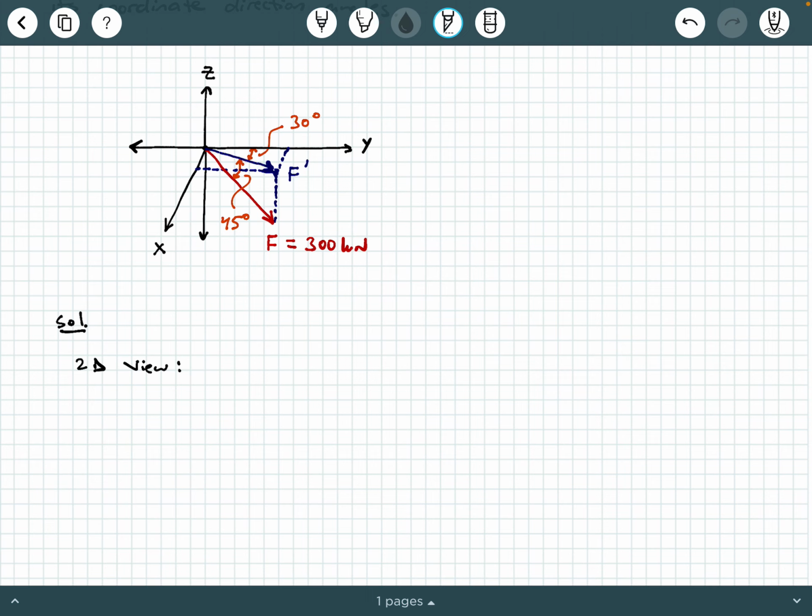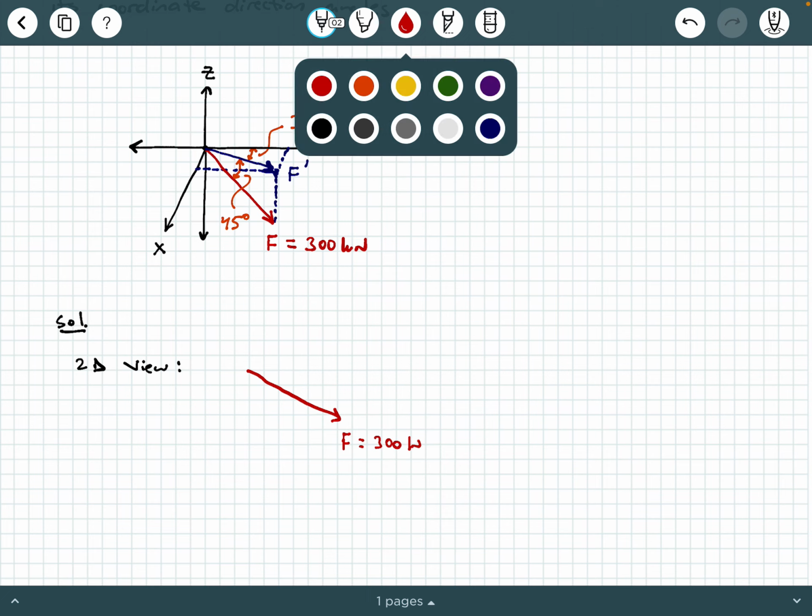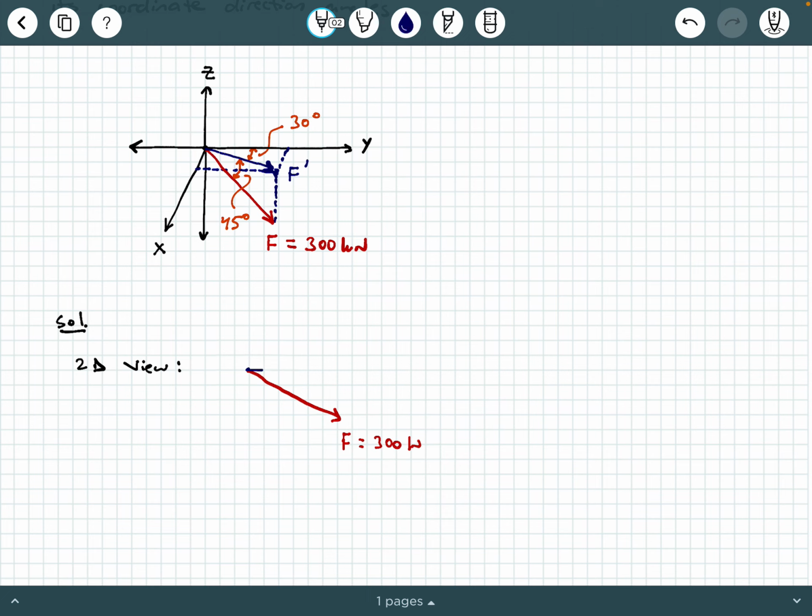When I look at that as a two-dimensional triangle, what am I going to see? I can draw it like so. Here is F, equal to 300 kilonewtons, and here is its shadow, or projection, F prime. Then I've got this little z component here. This is forming a right triangle.